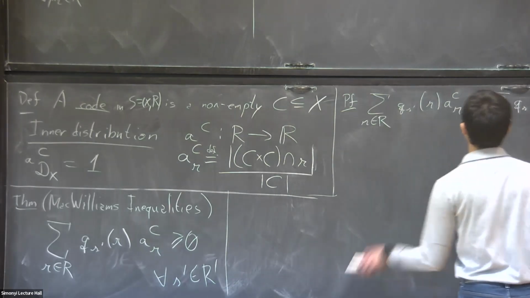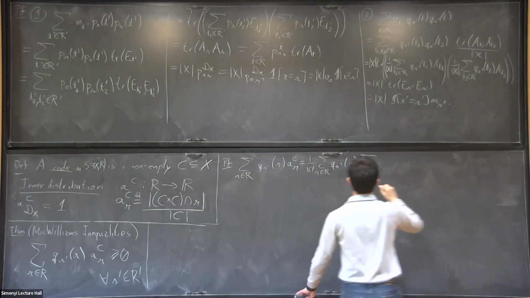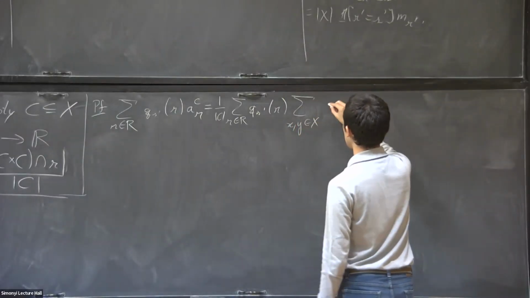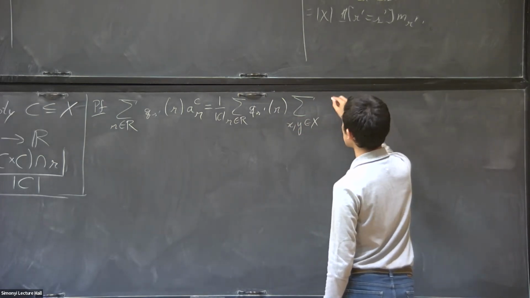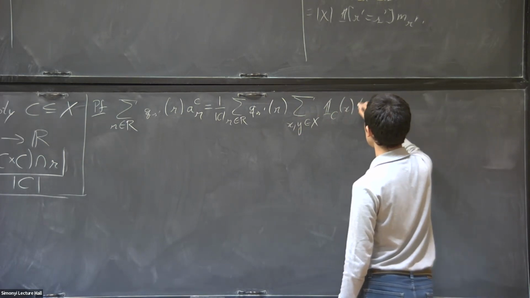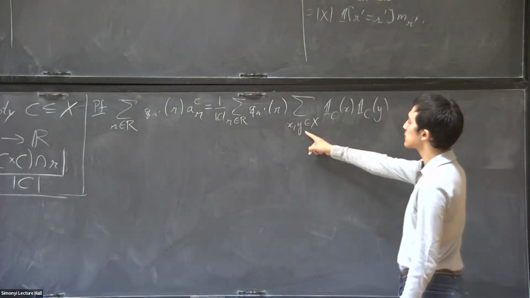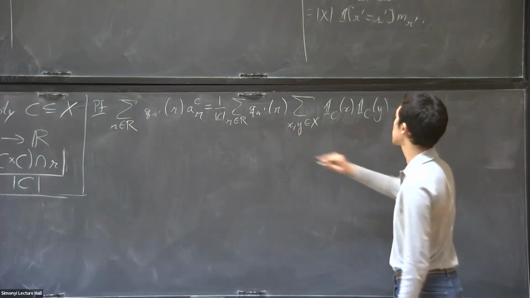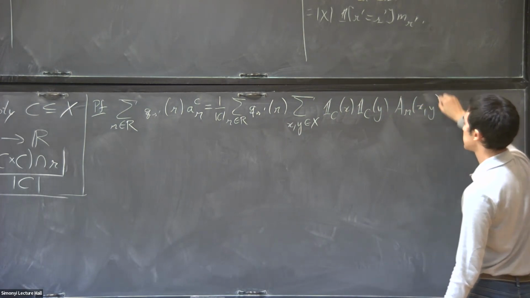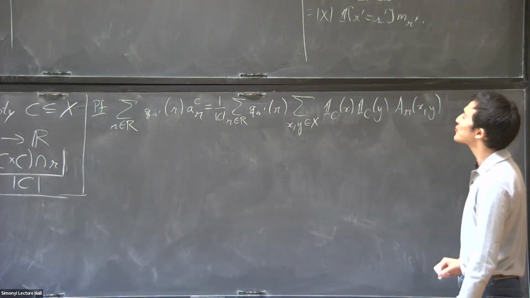I want X to be in the code, I want Y to be in the code, and I want them to form the relation R. So this I can just write as A_R(X,Y). Now here's an advice from my previous advisor.